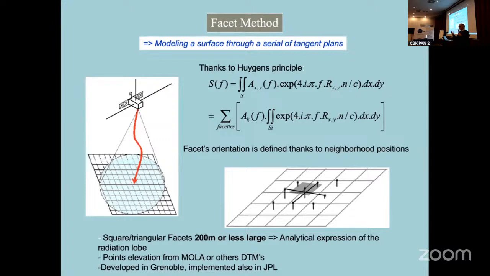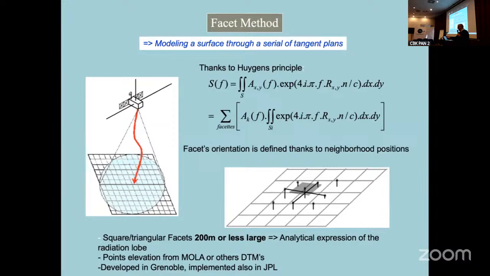And with the new observations, we have digital models with a resolution of tens of meters, with the cameras now flying on different missions, which means that we can do very precise calculation of the signal reflected by the surface. I compare this with the signal observed by the radar.